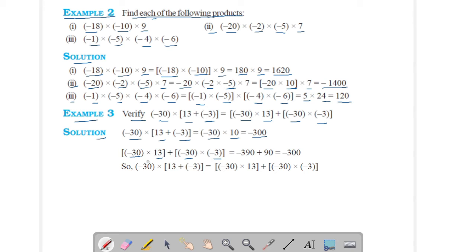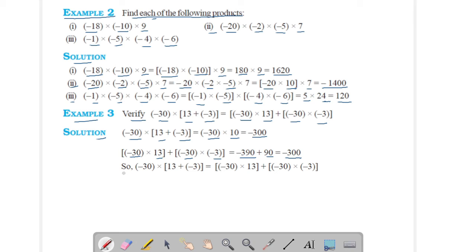Here open the first big bracket, it is minus 30 into 13. You will get minus, 13 threes 39, it is minus 390, plus in the second bracket minus 30 into minus 3. Minus minus plus, 30 into 3, it is 90. And if you add it, you will get minus 300.